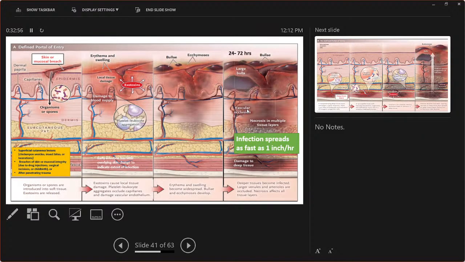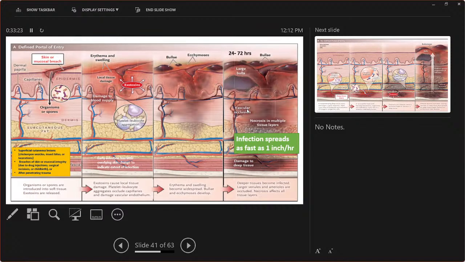This is a photo from NEJM, wherein basically the pathogenesis. The first type of NSTI is where there is a defined portal of entry. So there is a skin and mucosal breach. This can be any bee sting, bite, drug injection, even varicella zoster causes the entry of organisms. These organisms will release exotoxin.